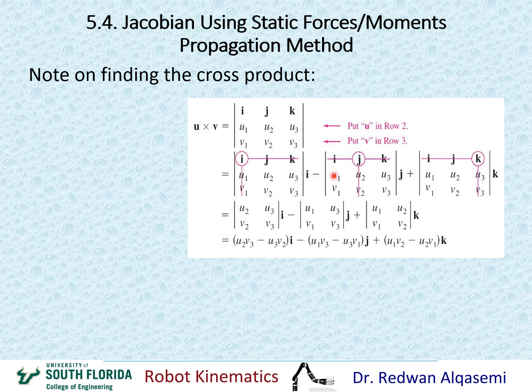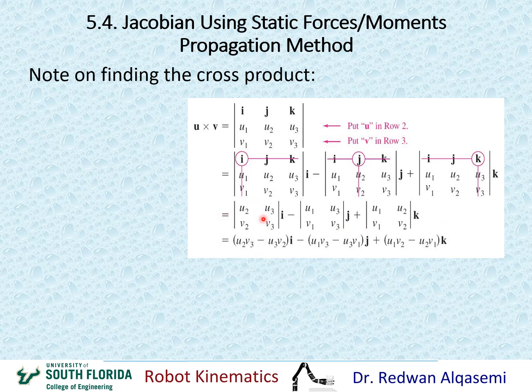And then minus, again we put this here and we cross out the remaining row and column elements that are in common with j, and that would leave us here u1, u3, v1, v3. And then the third step, we have k, and then we cross out the remaining elements on the same row and column as k, and then we have u1, u2, and v1, v2. Okay, so if we take out all the things that are crossed, we end up with this expression.